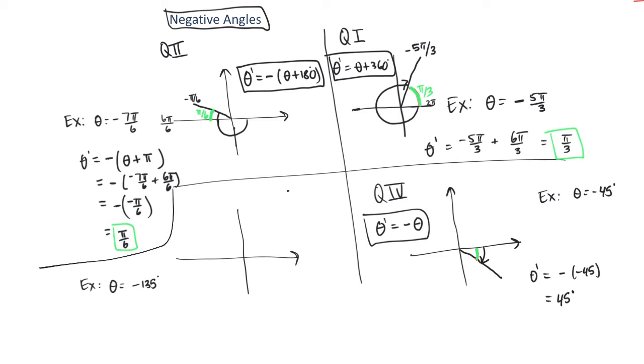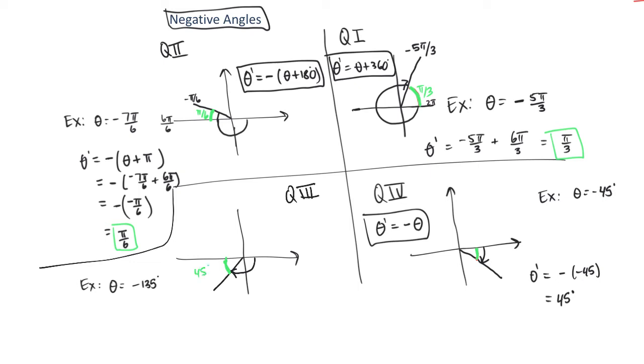In quadrant 3, for example, if we're at negative 135, so we're coming over here, the reference angle is this section. It's the smallest positive angle that gets me back to the x-axis. So it is 45 degrees.